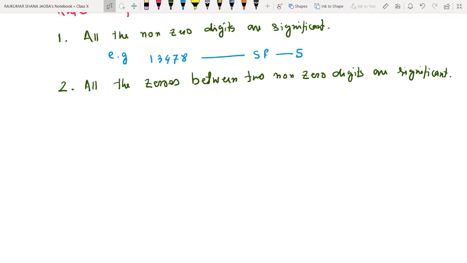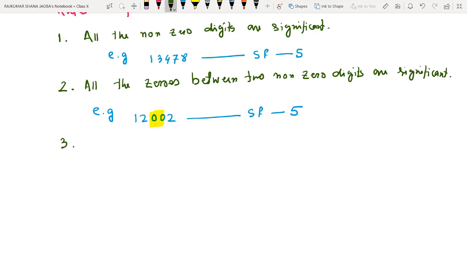For example, 12002. So these zeros between the two non-zero digits are significant. So the significant figures are 1, 2, 3, 4, 5. So it has 5 significant figures.